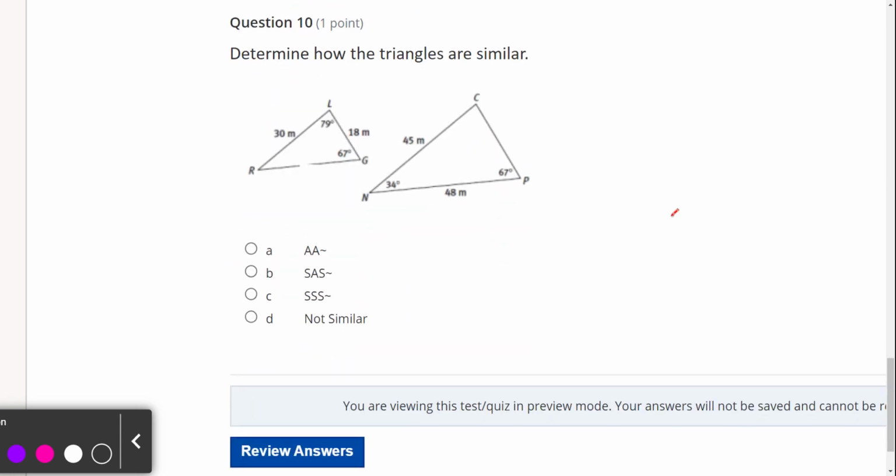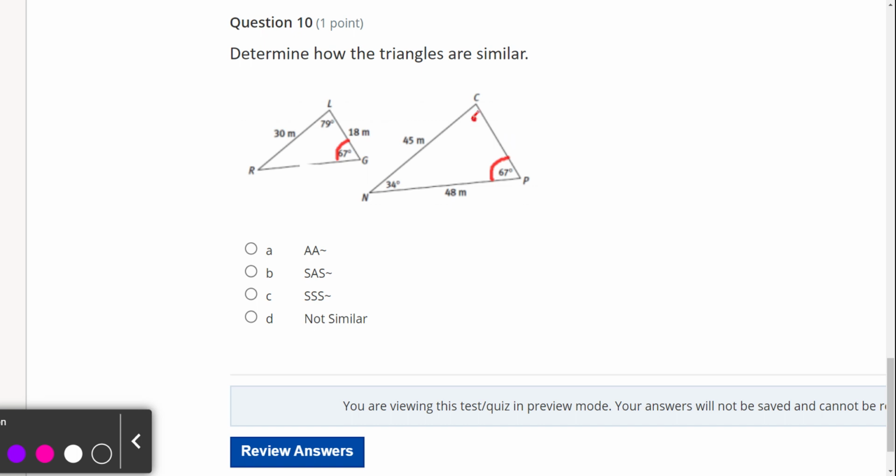Last one. This is an easy question if you see it, and it is so hard if you don't. How do I decide? Angle, angle, side, or side, side, side? Does anything match? What goes together? Yeah, the 67s go together. So G and P definitely go together.